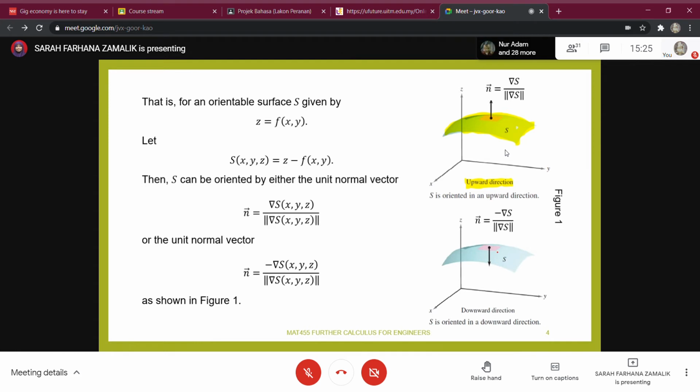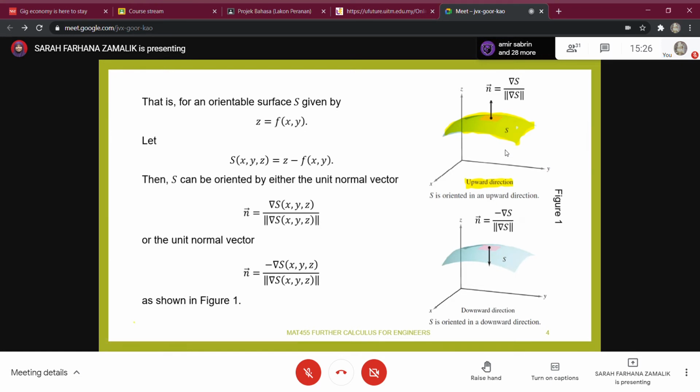This is your surface S and then yes, this is your unit normal. S is oriented in a downward direction. So that's why we have a negative here, negative gradient of S. Okay, so later we want to find the gradient of S first, so that you can find your unit normal. So that is the meaning of an orientable surface.